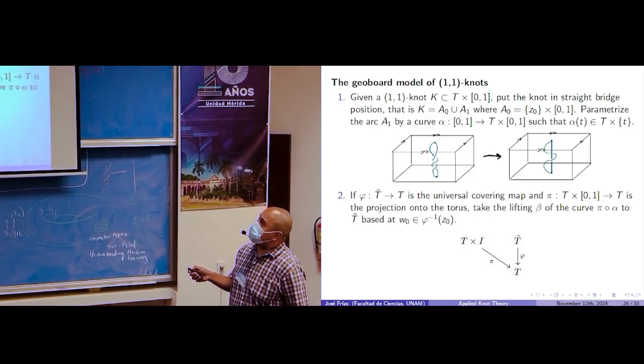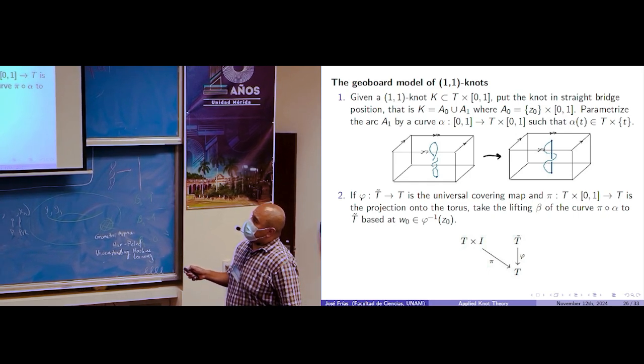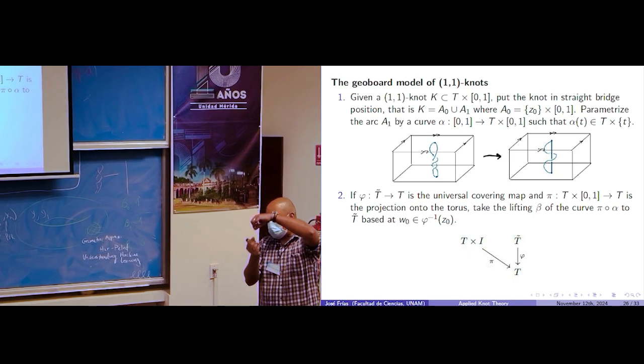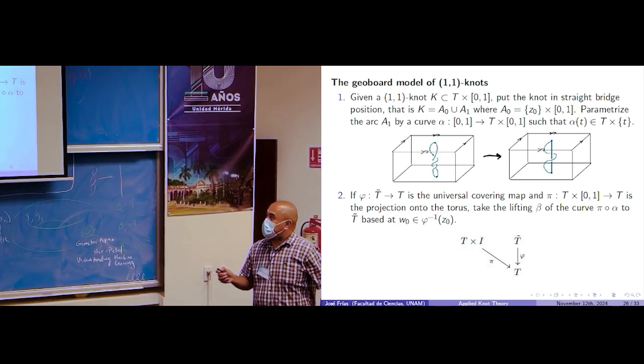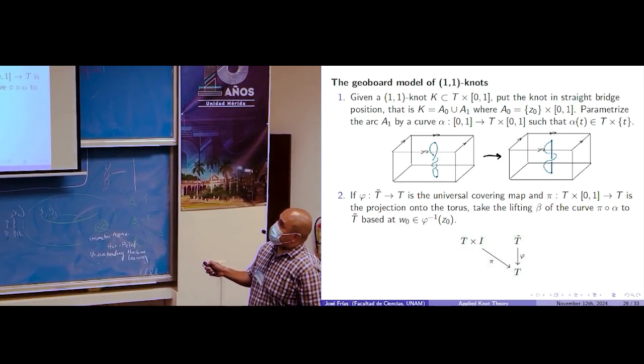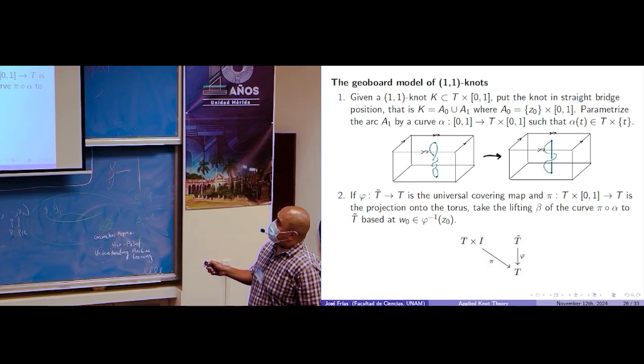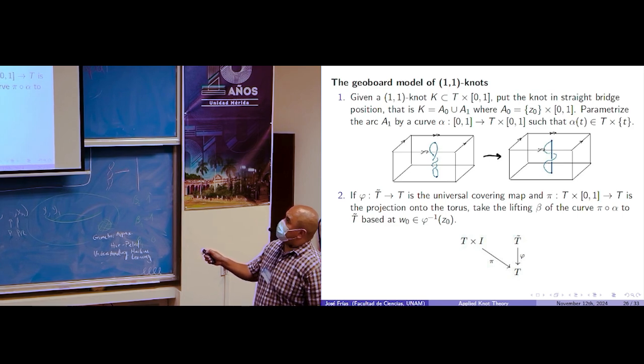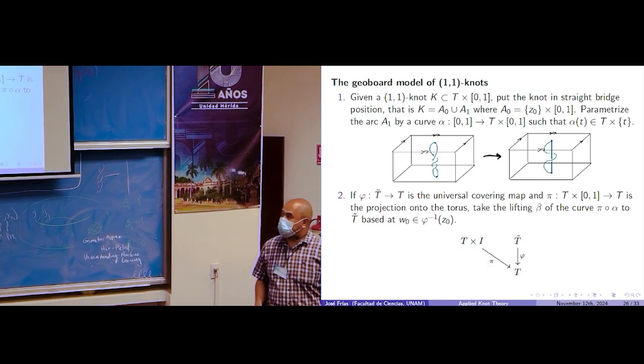So what's this Geoboard model? Start with your knot. The idea is you have 2 arcs, which are transversal to every level torus, and put one of the arcs in a vertical position. It means that one of these arcs is of this form. So pick a point, zeta 0 here, and this arc is represented by zeta 0 times [0,1].